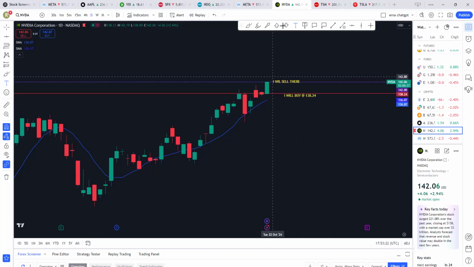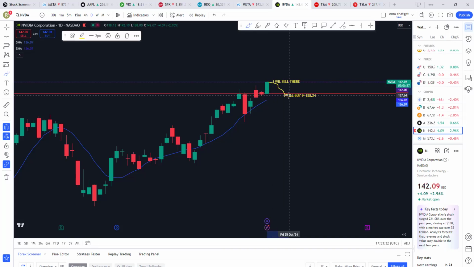You wait for the price to go down to buy and to reverse. Whenever it goes back above there, you sell. Go back again, you buy, and when it goes back up, you sell. So you always wait for the price to retrace back to buy.